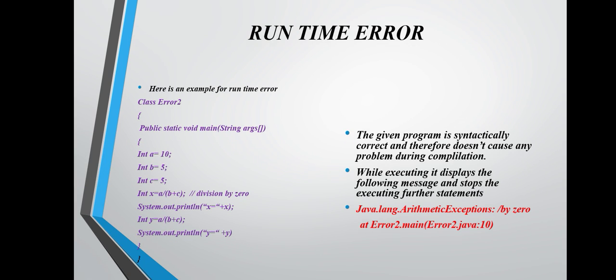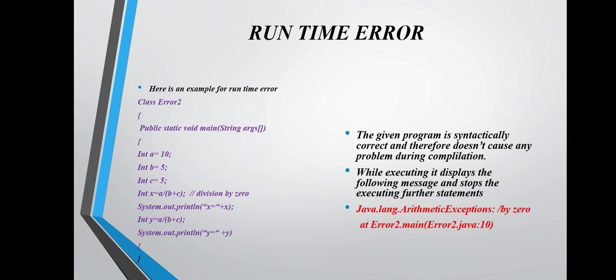Here is an example for a runtime error. First we make a class called Error2, then a main method public static void main String args. Then we initialize the values for a, b and c as 10, 5 and 5 respectively, declared as integer type.